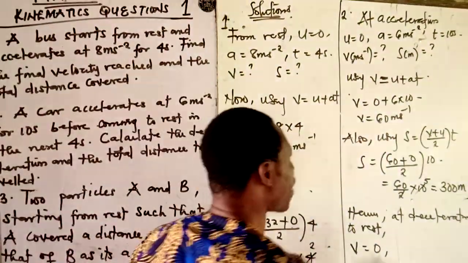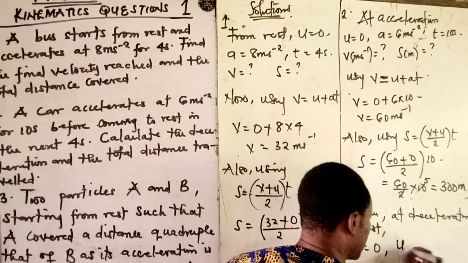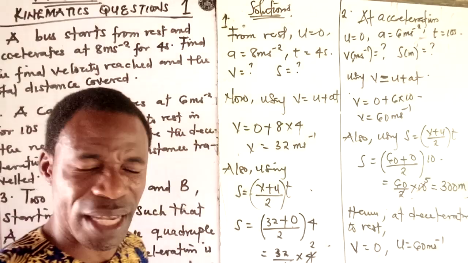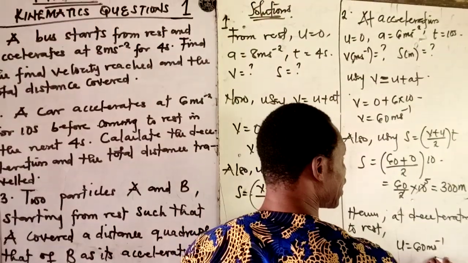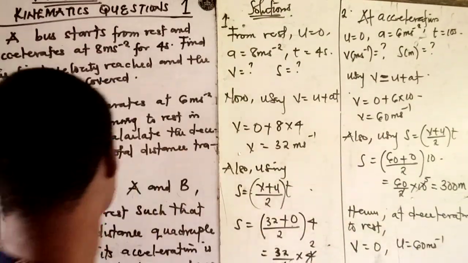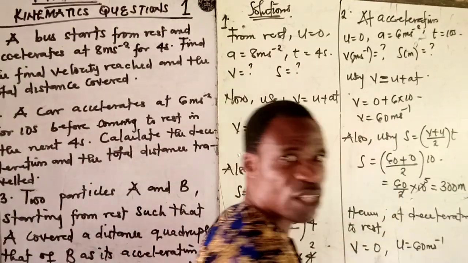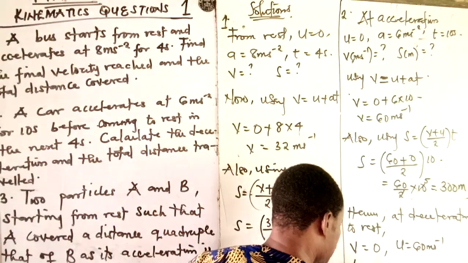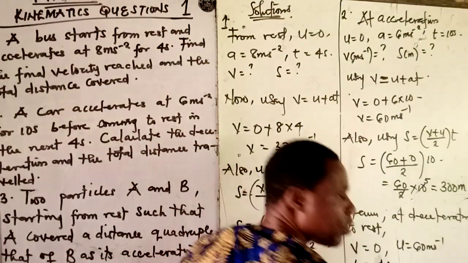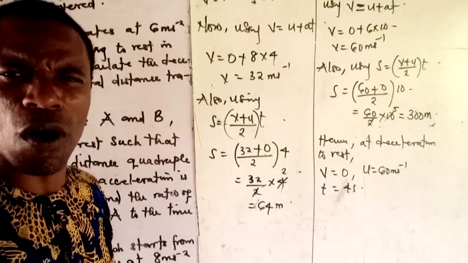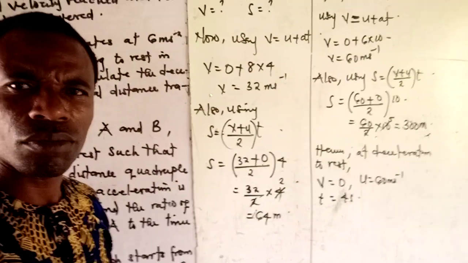So the initial velocity becomes 60 meters per second. The time taken to come to rest is 4 seconds. Where t is 4 seconds.